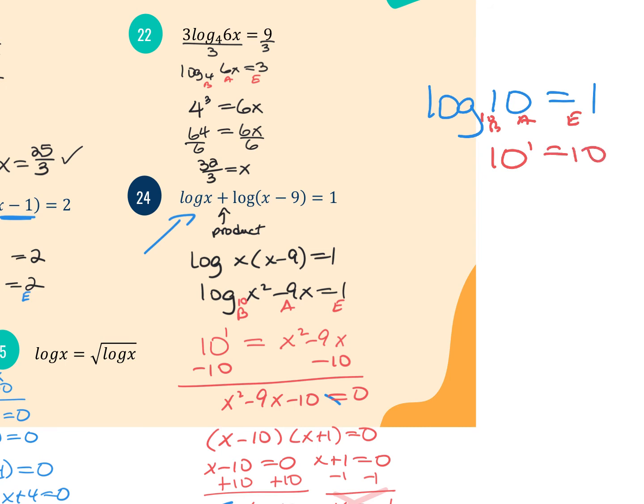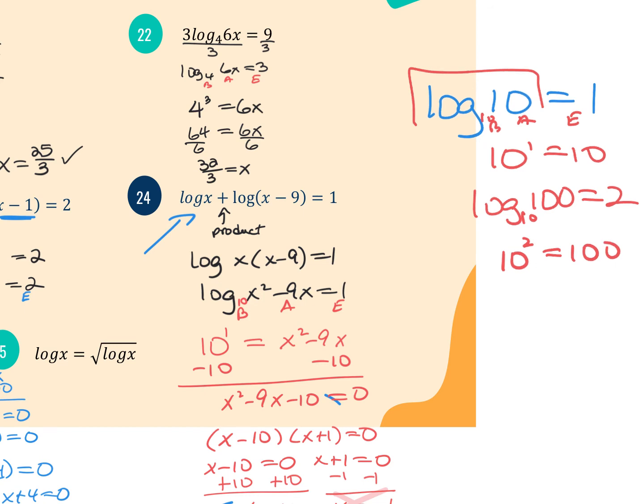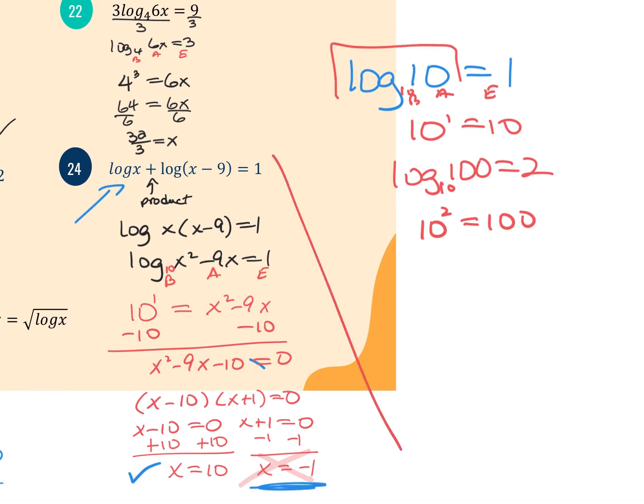So whenever you see a 1 in the problem, you could actually replace it with log base 10 of 10. Or if it were log of 100, that's going to equal 2. Because again, assume the little 10 there, 10 squared is 100. So the other way we could have done this is taken the 1 here.